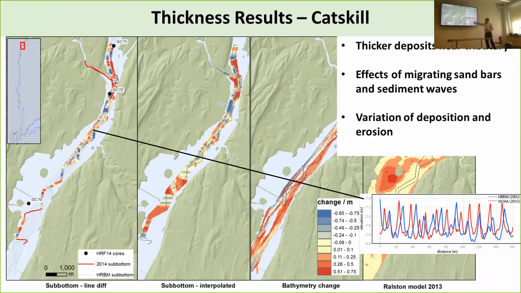These are basically sediment waves. You can see how they have moved or changed over time. So a lot of the pattern that we might see here in terms of deposition and erosion might just be sediment waves moving a little bit in location. Whereas everything here would be positive, would be a deposition, that would be an erosion event, so indicated.